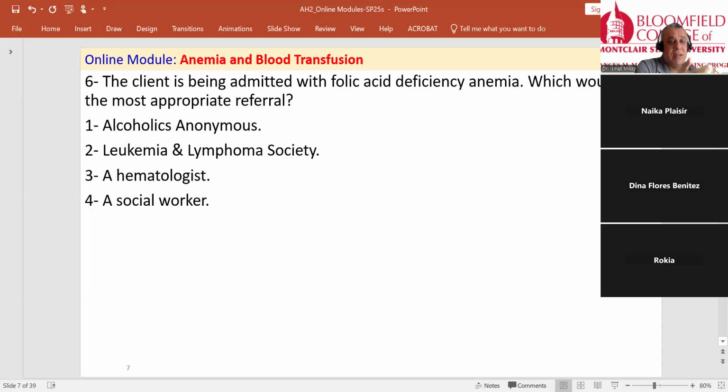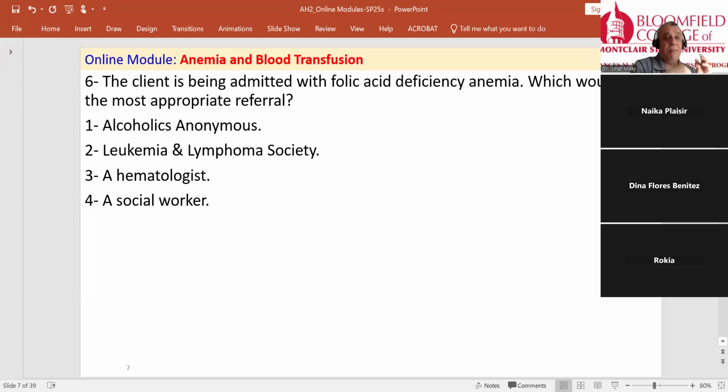When you go to the med-surg units that take care of patients with alcohol abuse, they have a special protocol and include in their prescriptions folic acid, 1 milligram, and B1 thiamine, along with a multivitamin and iron ferrous sulfate.